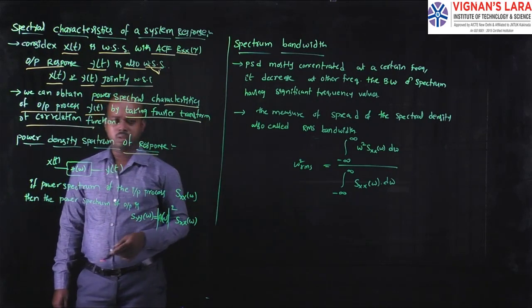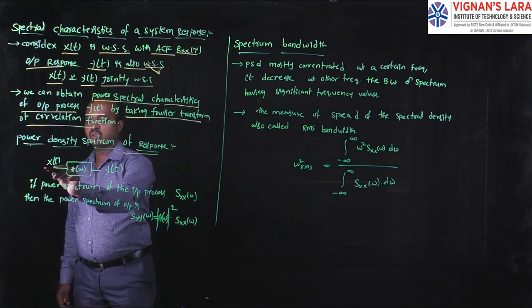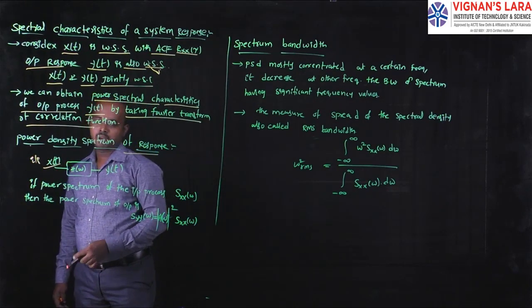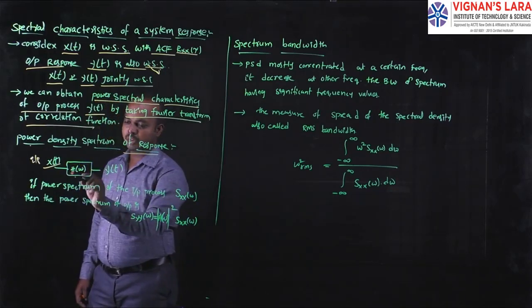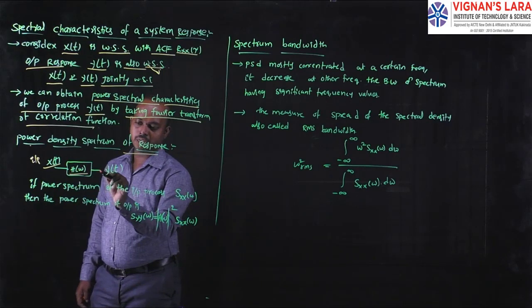In the system, x of t is the input, its system function Fourier transform is h of omega, and the output is y of t.